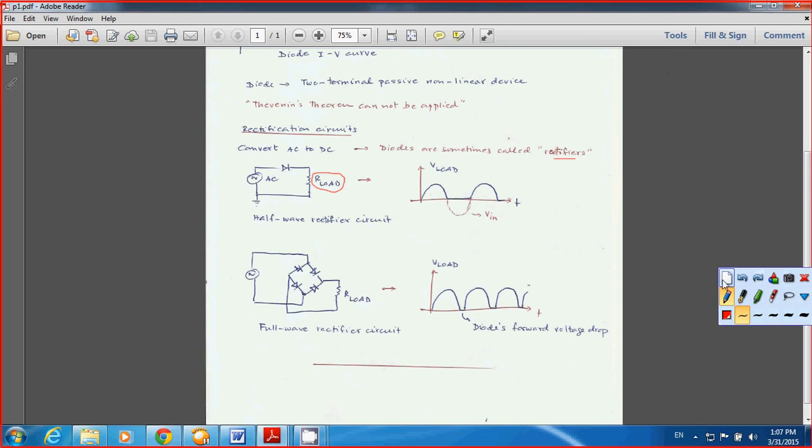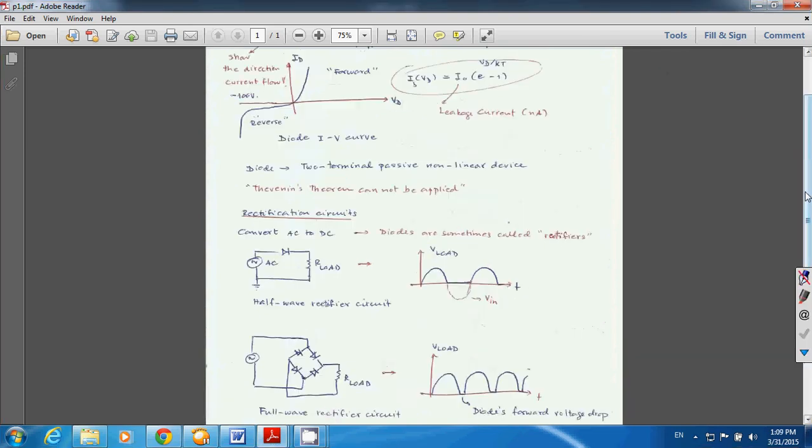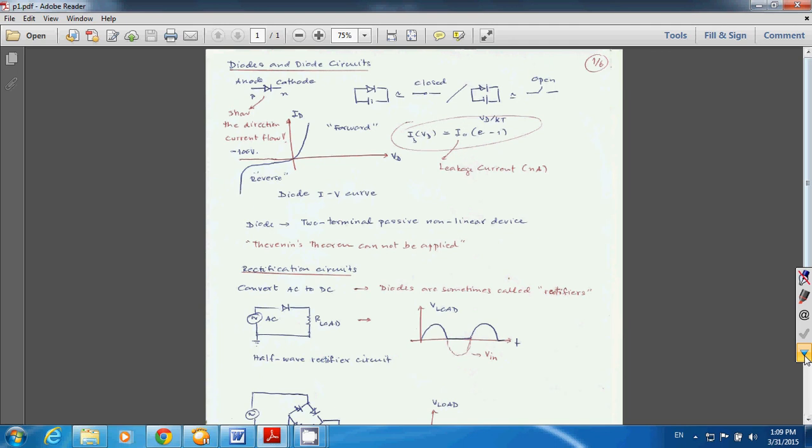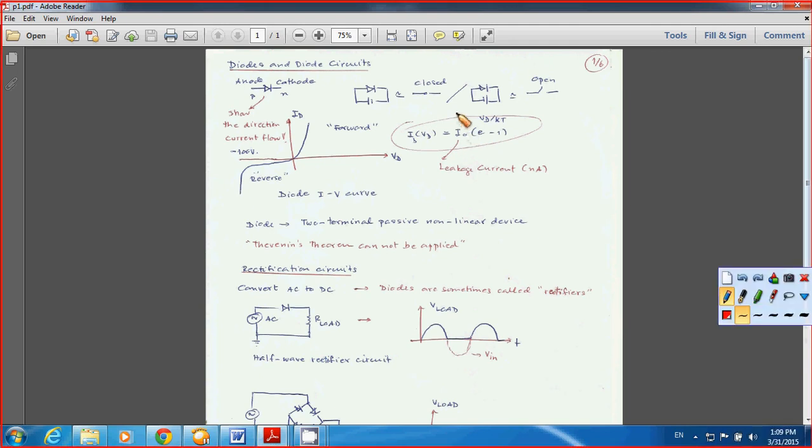And it agrees with the property of the diode as I mentioned here. Correct? Simply it's going to work as an open circuit or open switch.